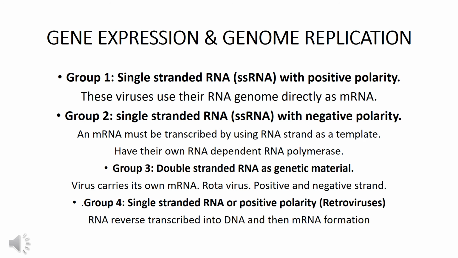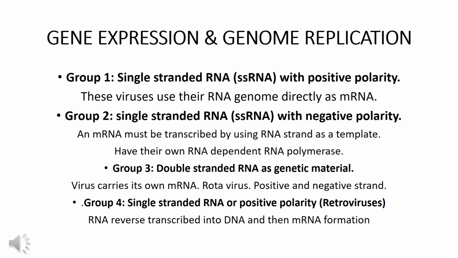Because retroviruses have RNA as their genome, this RNA is unable to directly undergo the formation of protein. So first of all, this viral RNA undergoes the production of DNA.